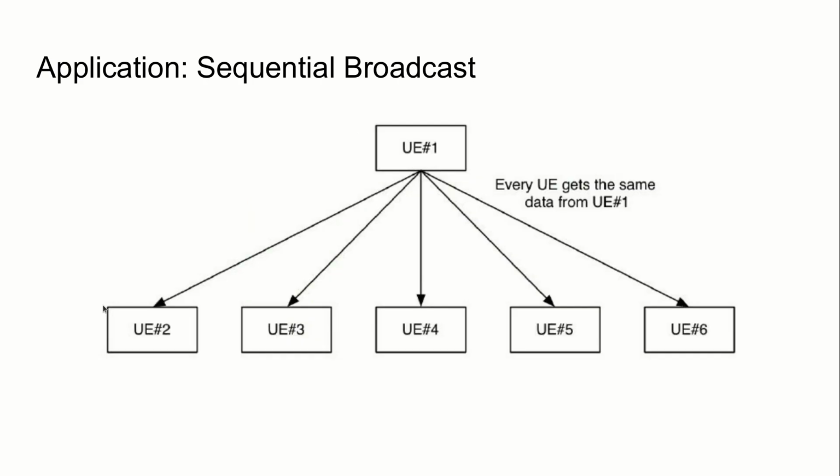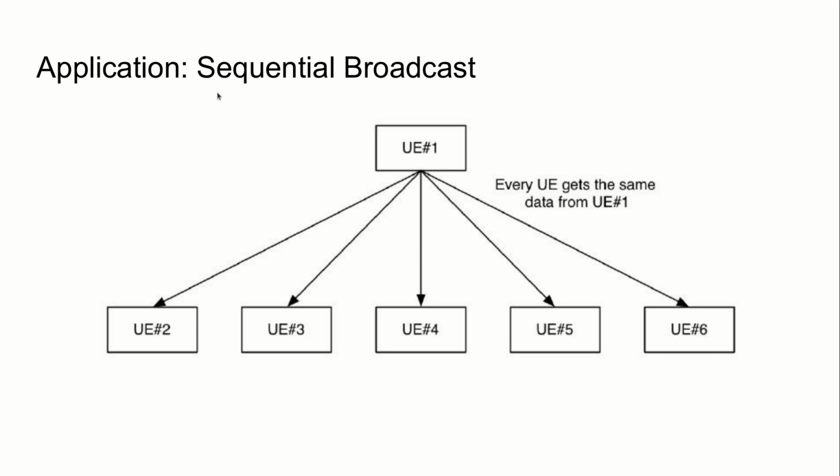Okay, good. Now we have some applications of these two basic methods of blocking communication. The first application is sequential broadcast, where we need to share the same message between all the processes that we want, which is the broadcast message.